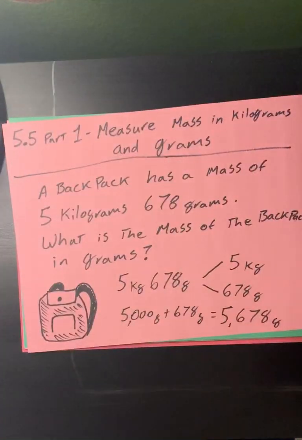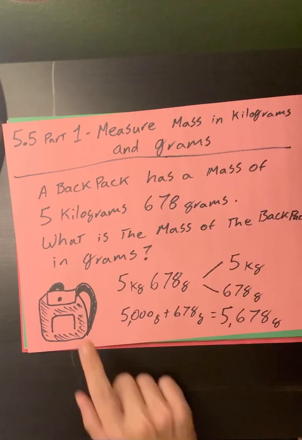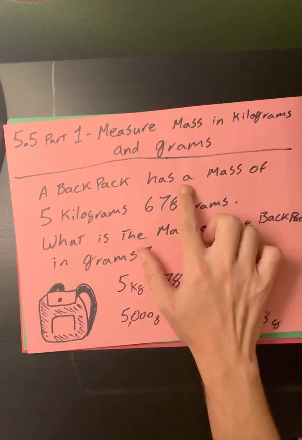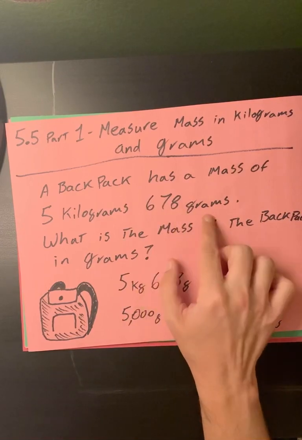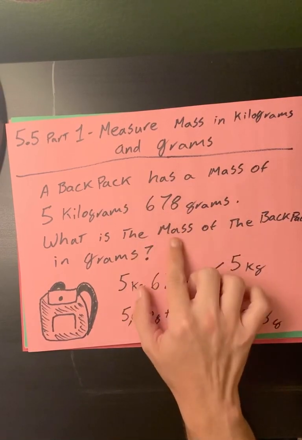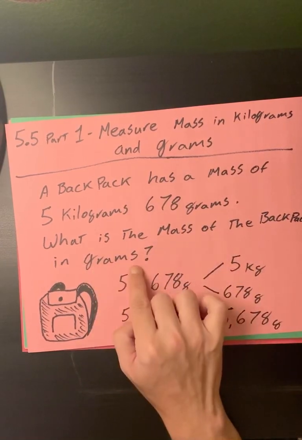So 5.5 part 1, to measure mass in kilograms and grams. Say we have a backpack that has a mass of 5 kilograms and 678 grams. What is the mass of the backpack in grams?